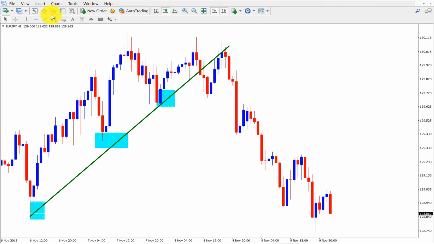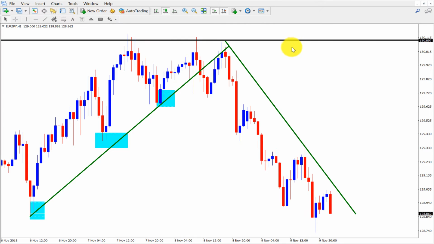And also we will draw another trend line from here to here. How can we trade? We will draw a horizontal line here. So these are our perfect zone.